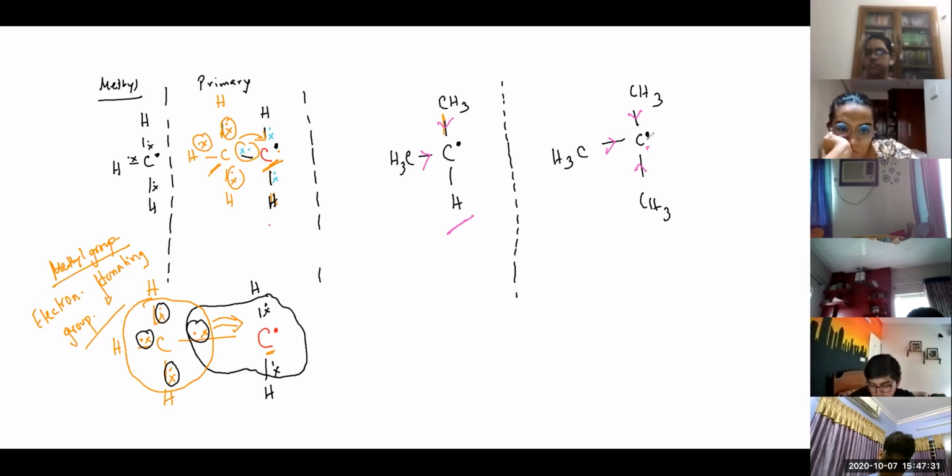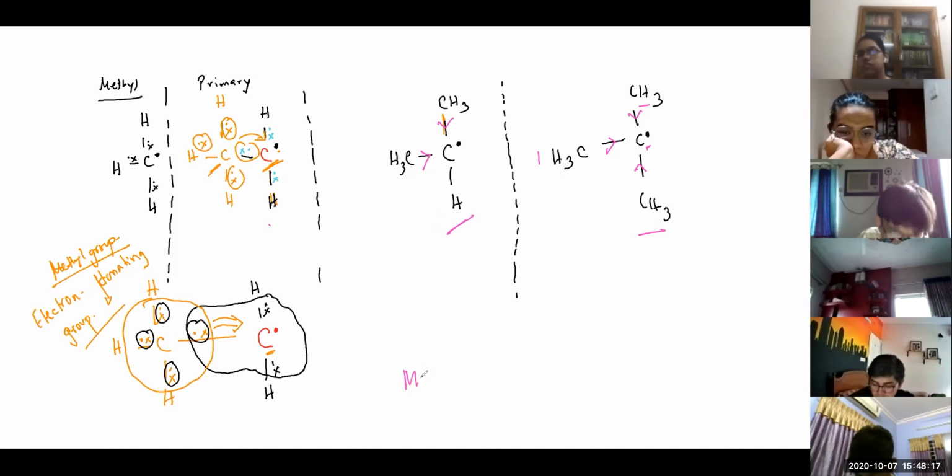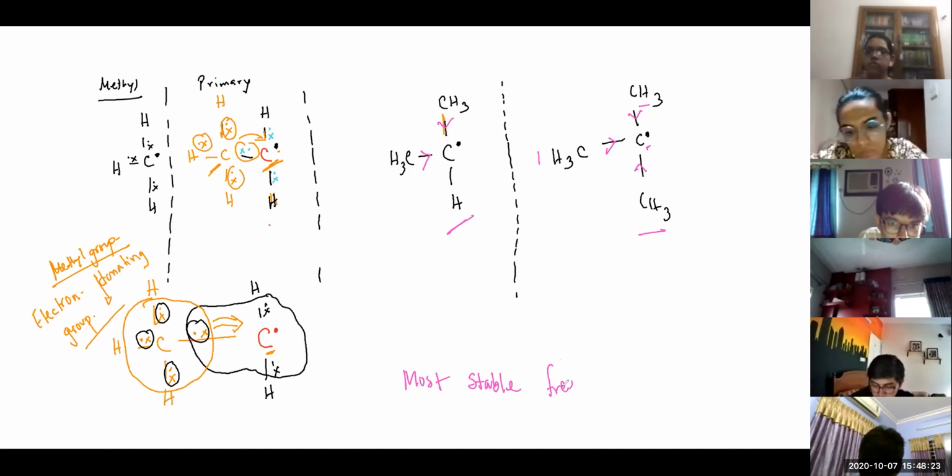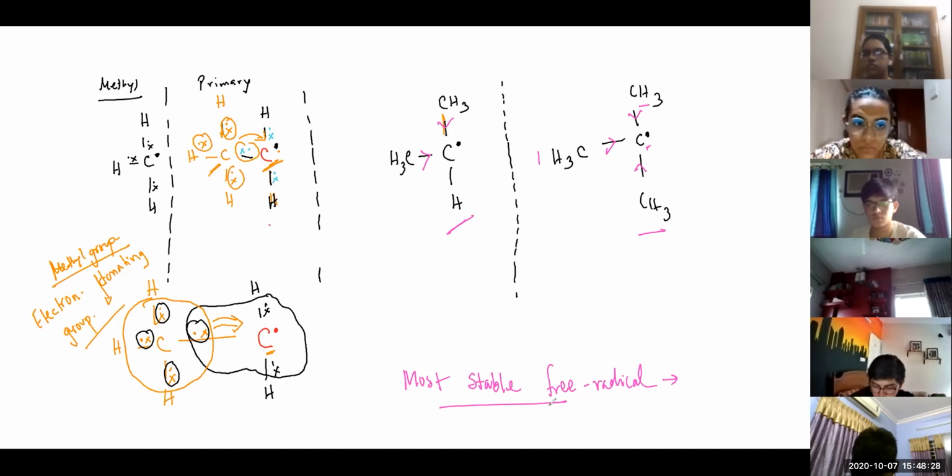So will this carbon's hunger be more or less? Less. So who is the most stable free radical? Tertiary. Most stable free radical. Tertiary. Why? Because he is the least hungry for electrons, since it's surrounded by methyl groups donating electrons towards this carbon.